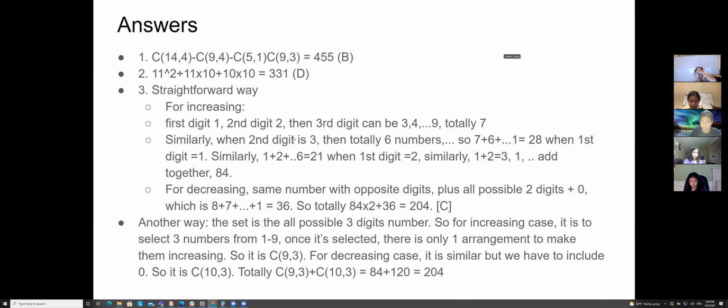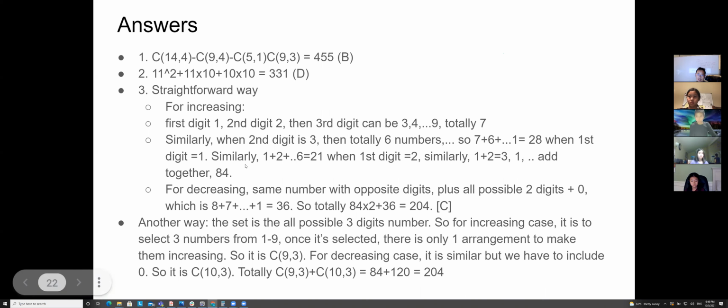Yeah, good, thank you. So there's one straightforward way, right? We can start from increasing. First digit 1, second digit 2, then third digit can be 3, 4 until 9, so totally 7 possibilities. Similarly, second digit is 3, and then totally 6 possibilities, and then continue. You get 7 plus 6 plus up to 1 equals 28. This is all for when the first digit is 1.